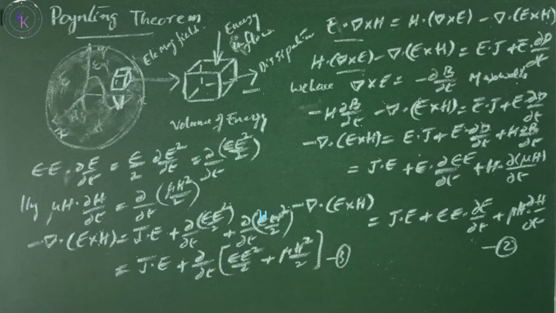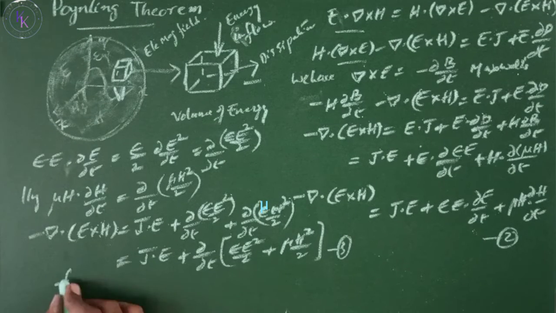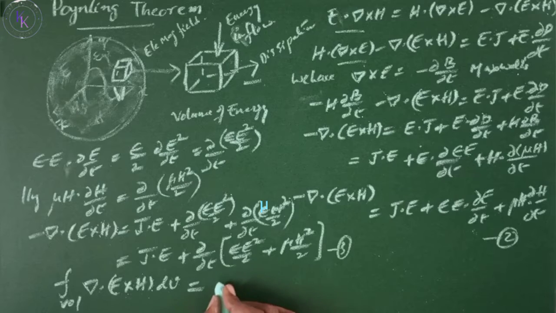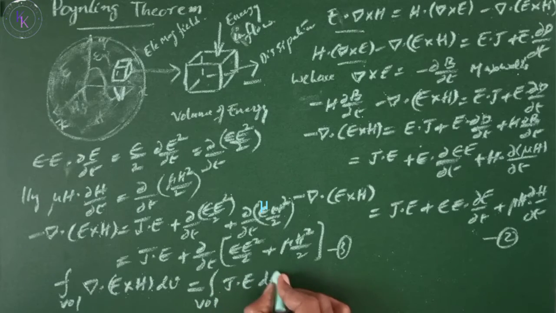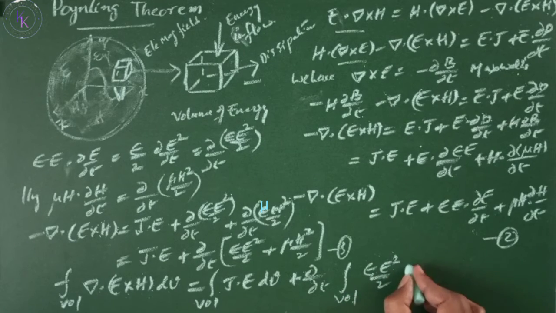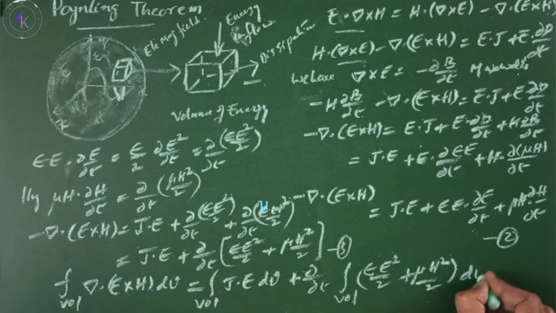Now integrating each term of the above equation through the volume, we get minus volume integral of del dot E cross H dV equals volume integral of J dot E dV plus dou by dou t of the volume integral of epsilon E square by 2 plus mu H square by 2 dV.